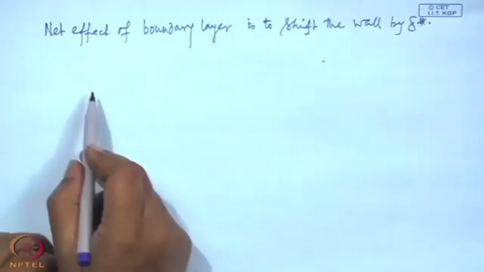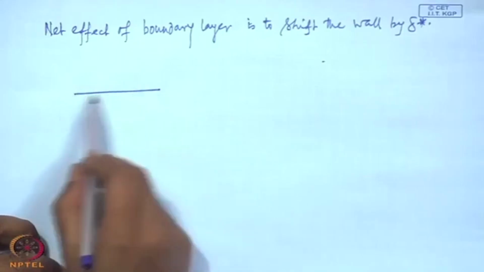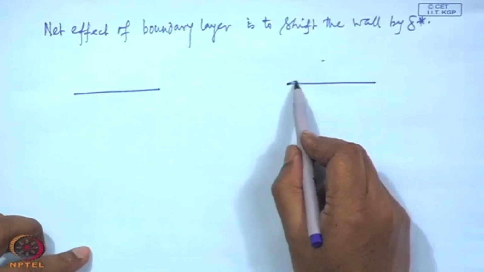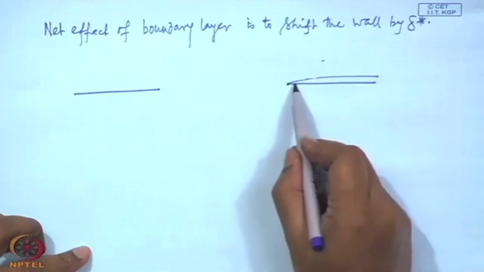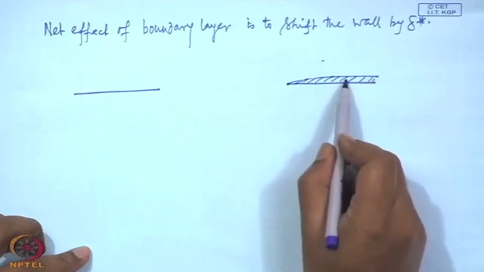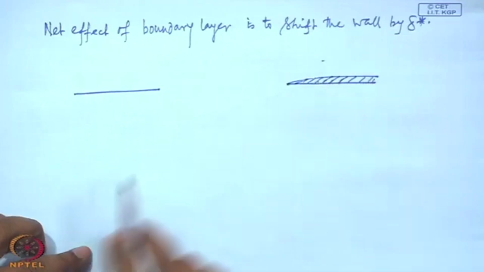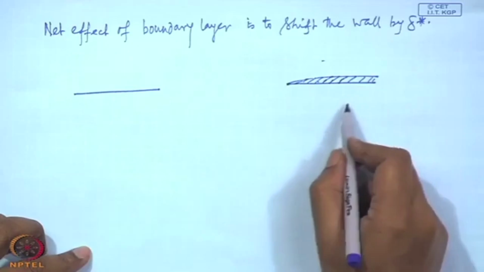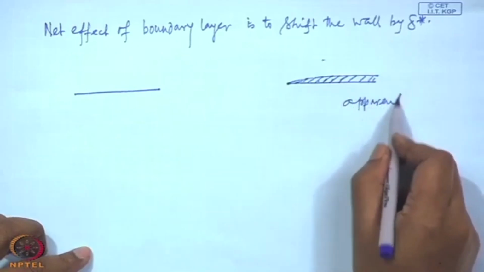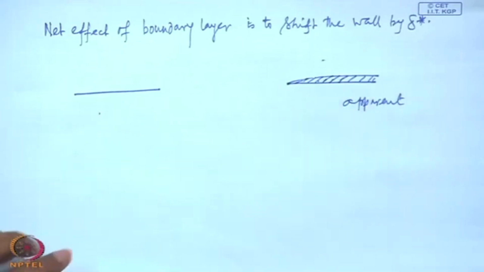That is, we had the plate like this, the original plate, and finally the plate will appear like this, as if the plate now has a thickness. So, this is the real plate and this is the apparent plate. Apparently, the plate has got a thickness.